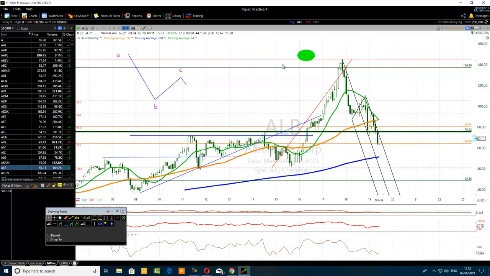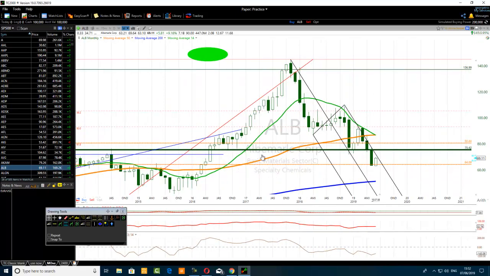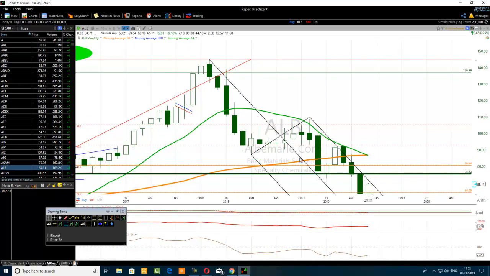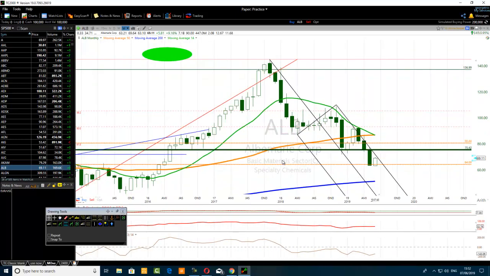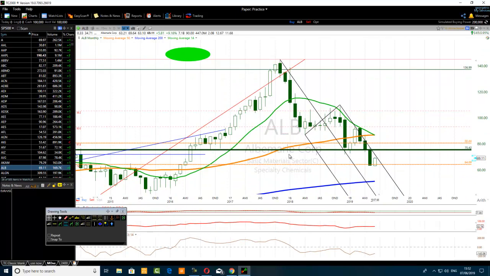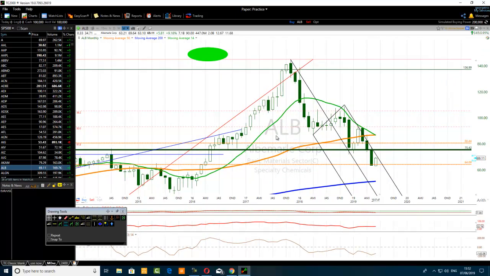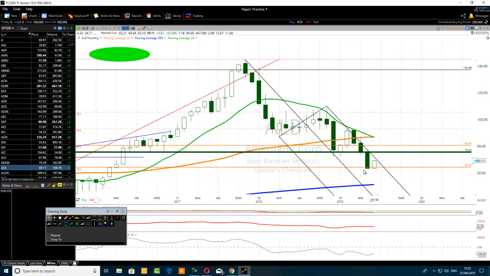The stock is Albemarle, Incorporated, ticker ALB, Alpha Lima Bravo. Also approaching the moving average 200. That one is still inside the pitchfork tool.